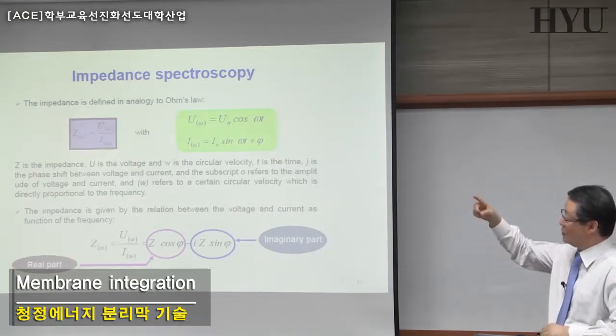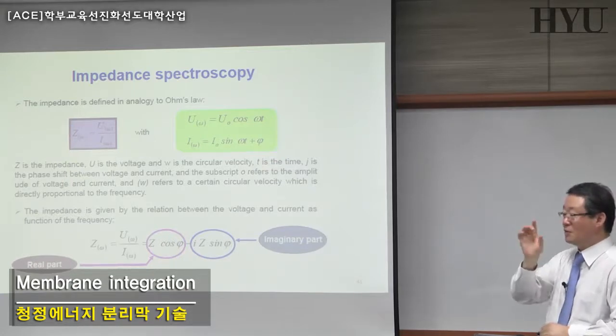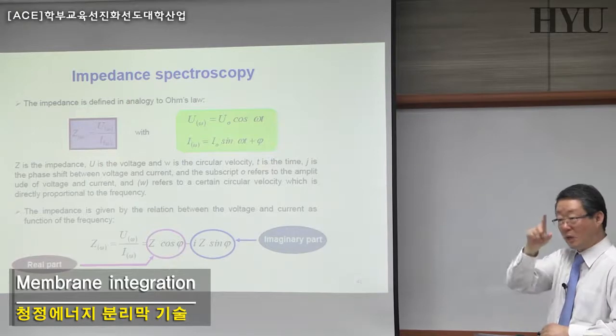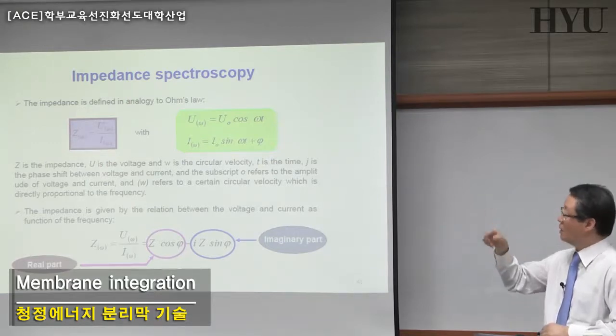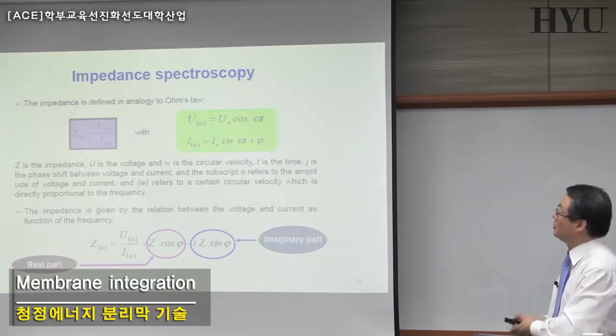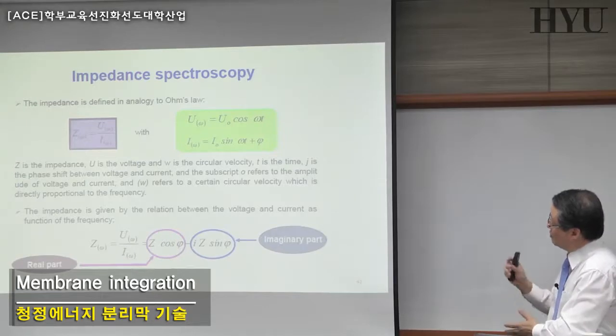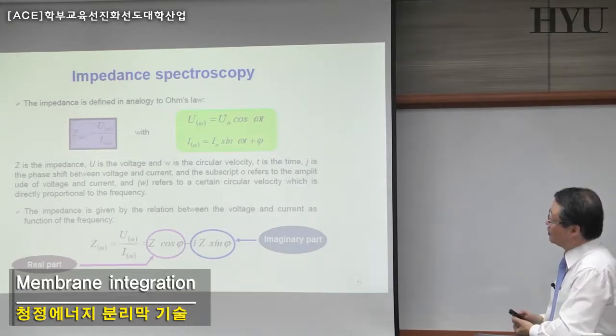Because we are talking about the frequency, we have some lag between the sine curves, so you have a little bit of an angle between these two. And t is the time, so the voltage and the current can be described in this case.